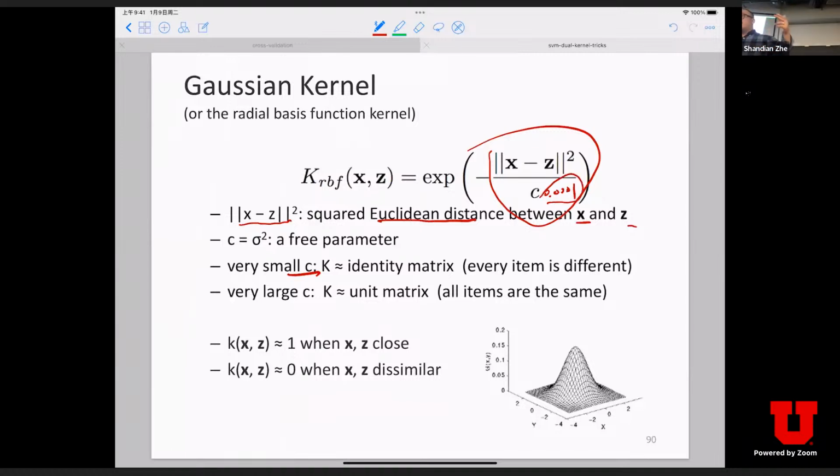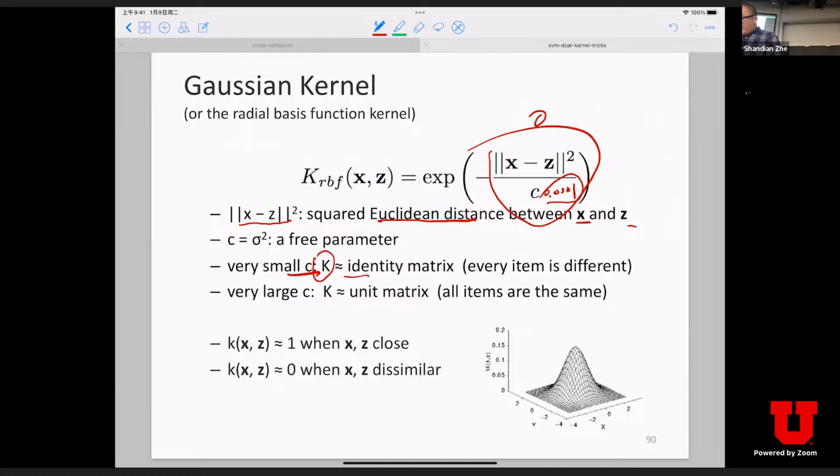You take the negative and the exponential, and it is approximately 0. That's why when you take a very small c, your kernel matrix K itself is approximately the identity matrix. Only when x is exactly the same as z will this be 0, and then the exponential of 0 is just 1. So that's why it's approximately an identity matrix.